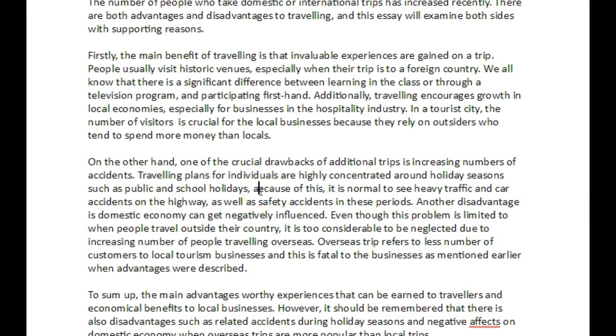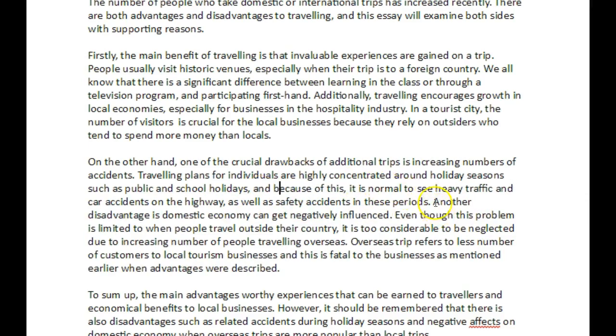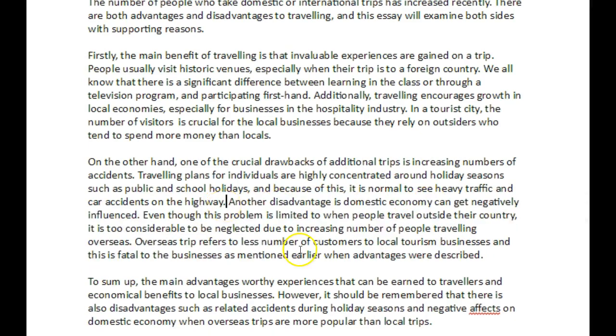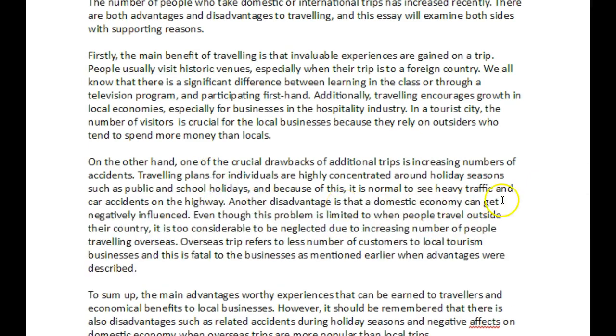So here, we should join this together so that it doesn't look too short. Another disadvantage is that a domestic economy can be negatively influenced.